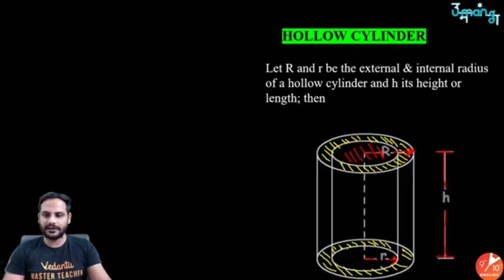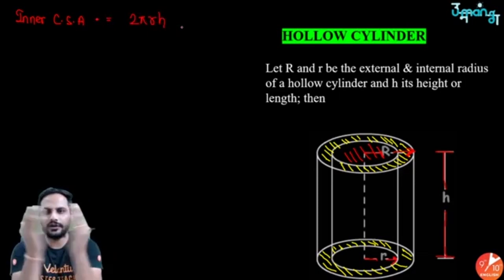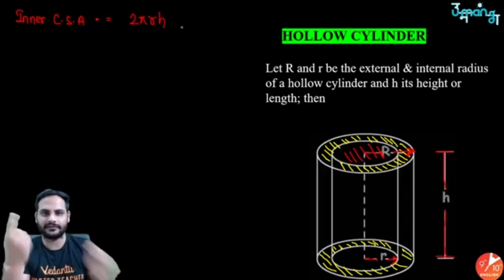The radius of the inner circle is small r, so the inner curved surface area will be 2 pi r h. Think of it as a smaller cylinder inside.